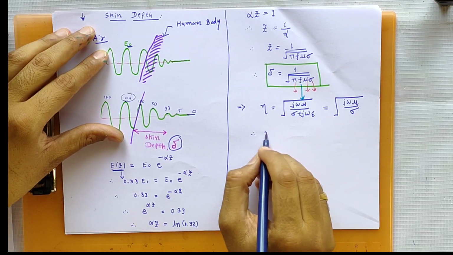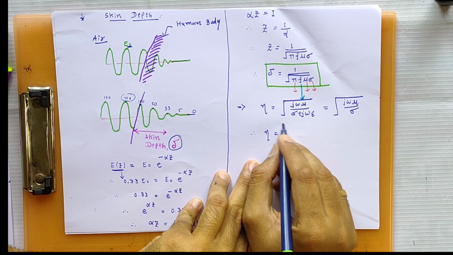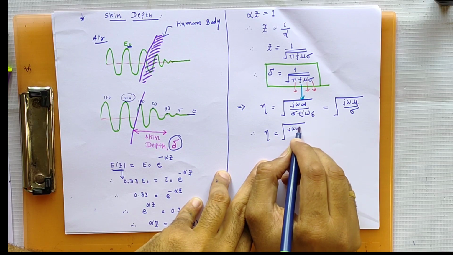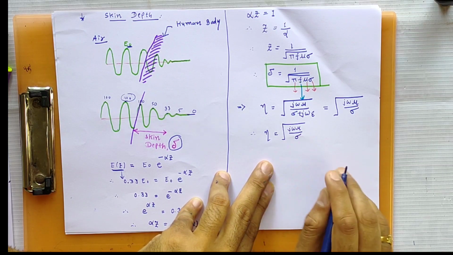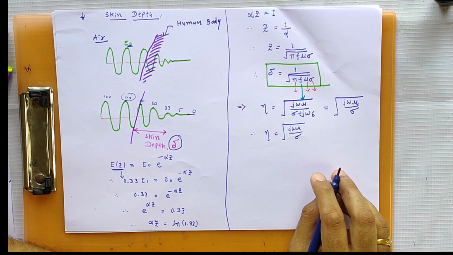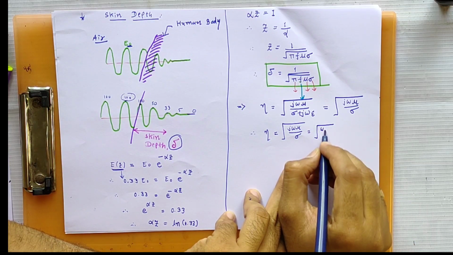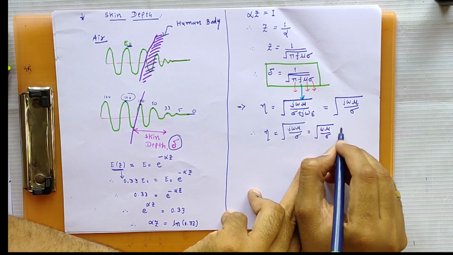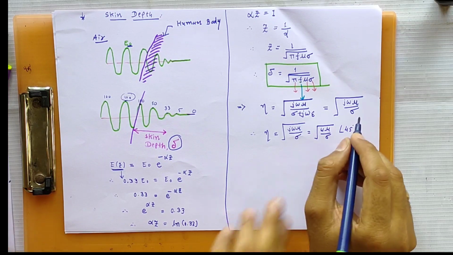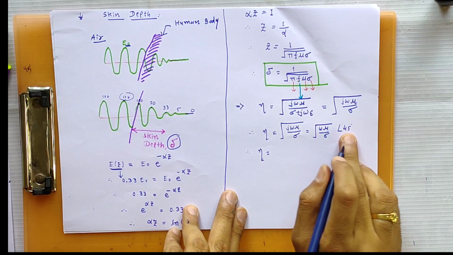Again, the imaginary term is inside the square root, so how can we solve it? This is the square root of omega mu by sigma with angle 45 degrees, so eta is equal to that times e raised to j 45 degrees.